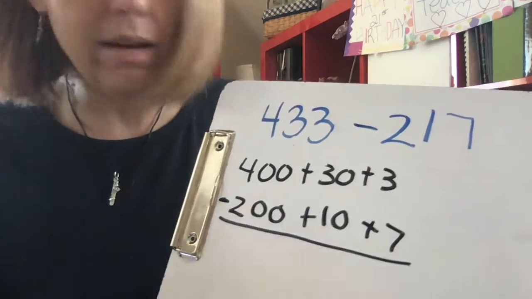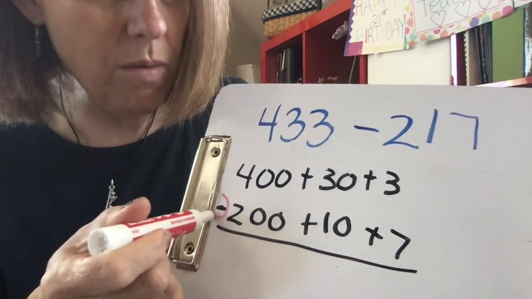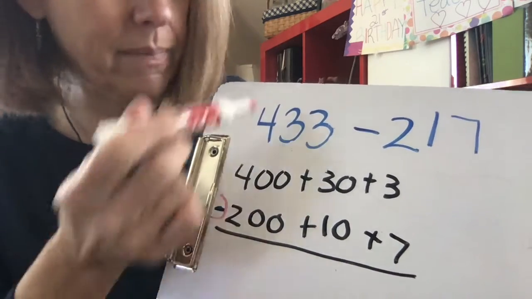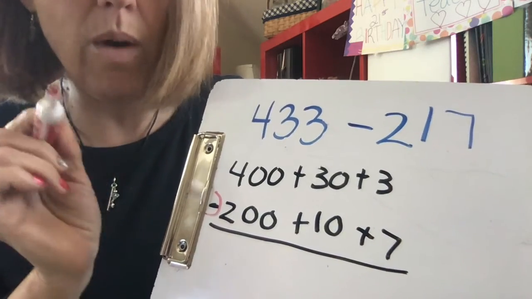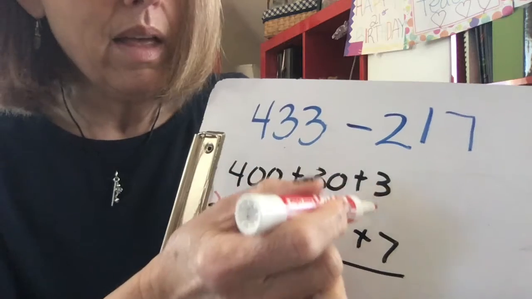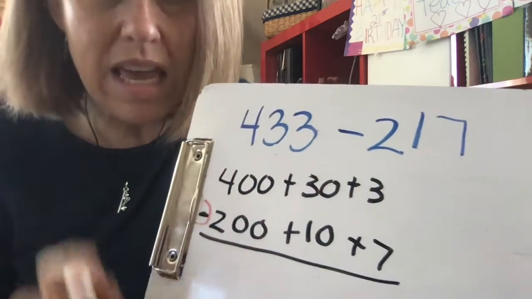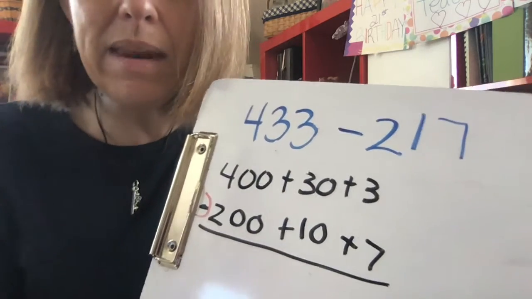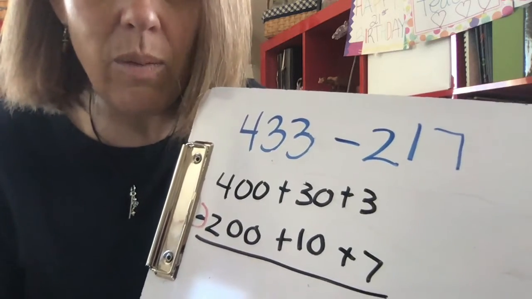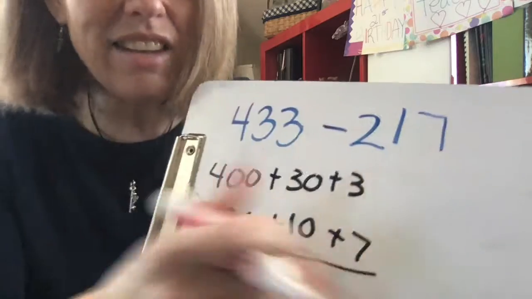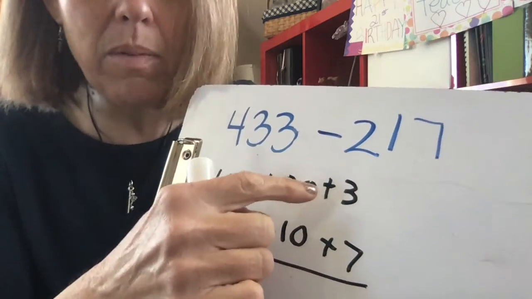My overall job is to subtract 217 from 433. If I have 3 cookies and 7 friends come to my house, I cannot give everybody a cookie, right? I can't do that. So this is a problem right here.